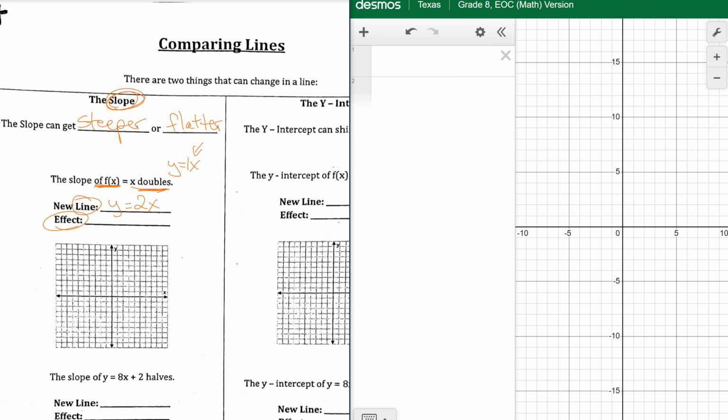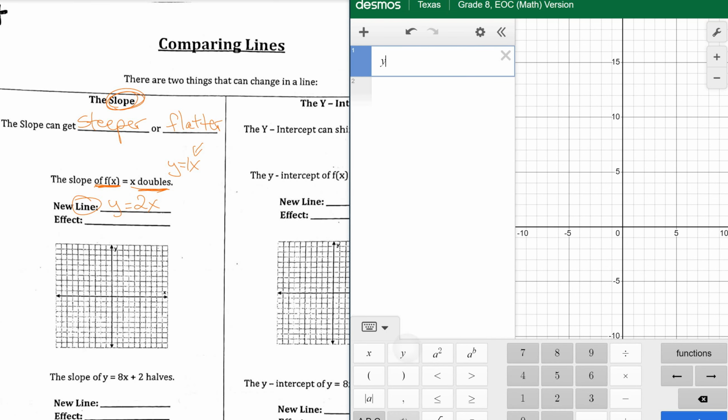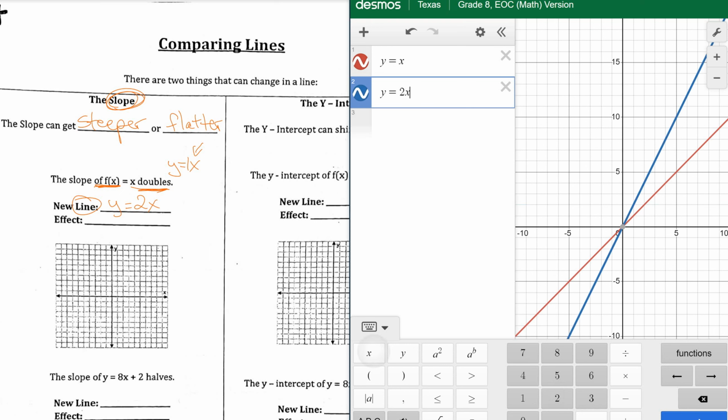So what's the effect? Well, if you don't know in your head, go over to your calculator and graph it. Y equals x. That's our original one, the parent function. You need to know that. And then the next one is going to be y equals 2x. Well, it went from the red one to the blue one. That's obviously steeper. If you were going up the hill, that would be a steeper hill to go up.